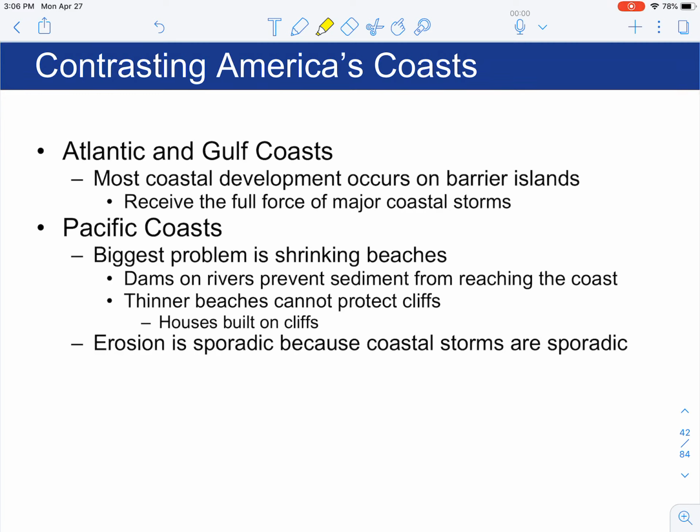And you also get a lot of houses built on these cliffs. So you go to like Malibu and other places, and you have these beautiful multi-million-dollar mansions that are kind of teetering on the edge of sea cliffs. And obviously erosion and storm systems are really scary for those people, because those cliffs can become easily compromised.